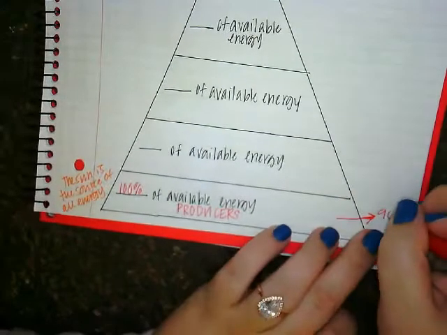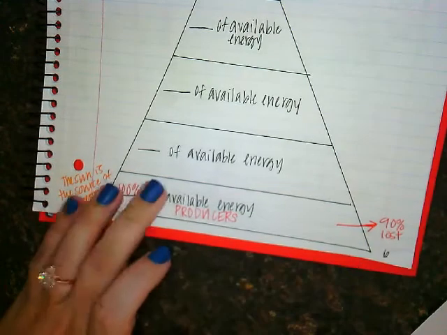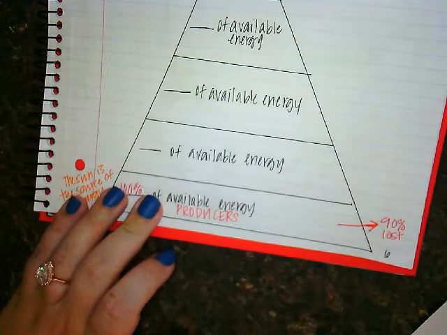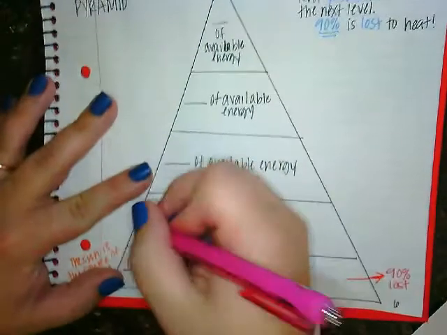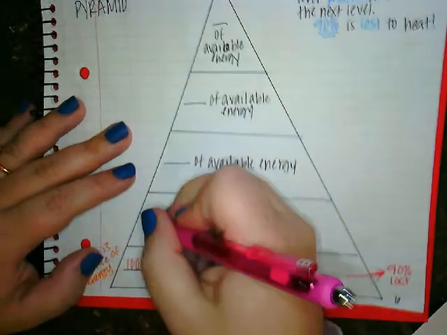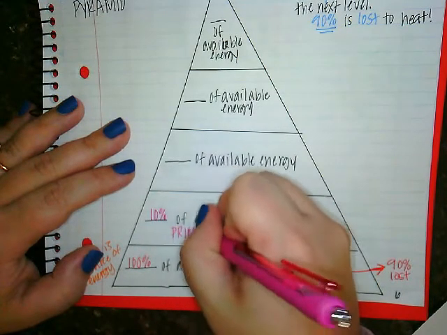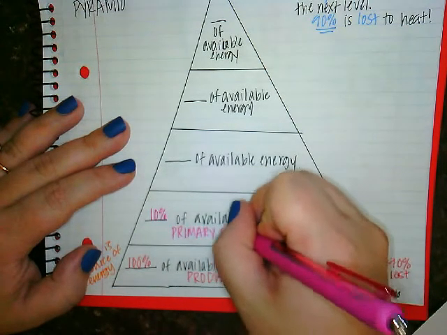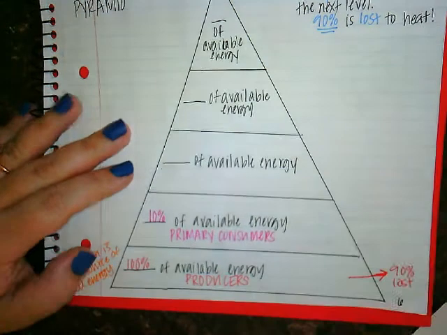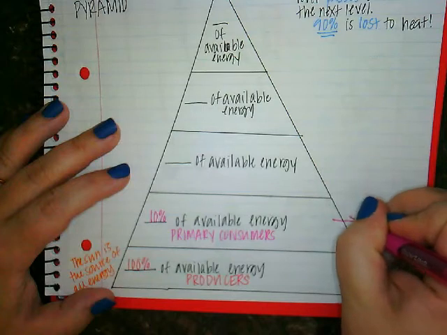So we're going to write 90% lost. So of that 100%, we only have 10% that moves on. So let's put 10% of available energy remains. Okay, and this box is our primary consumers. Primary consumers there. All right.